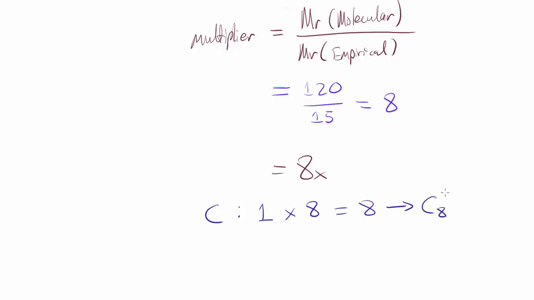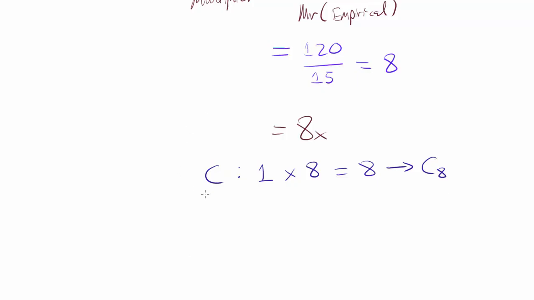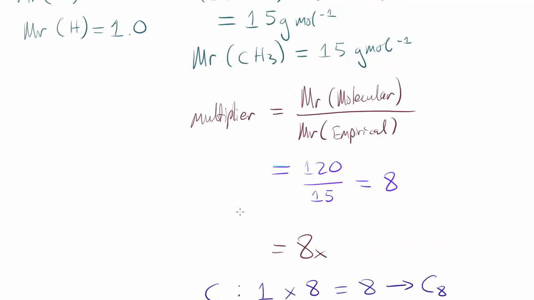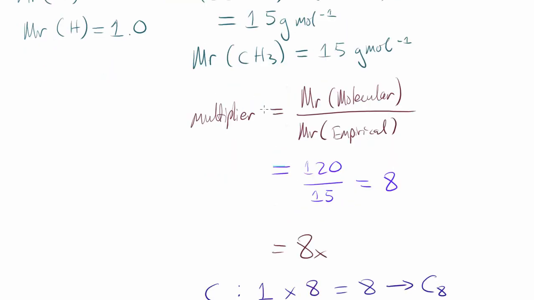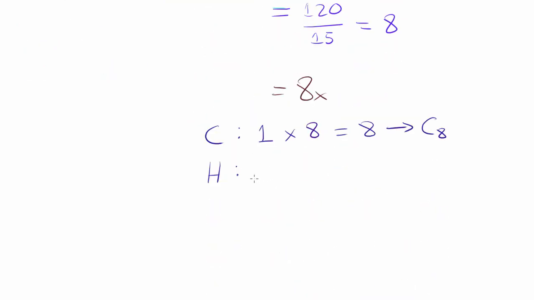If we do the same for hydrogen, we remember it was CH3, so the coefficient associated with the hydrogen is 3. So it's going to be 3 times 8 this time for hydrogen, and if you work that out, what you should find is 24.